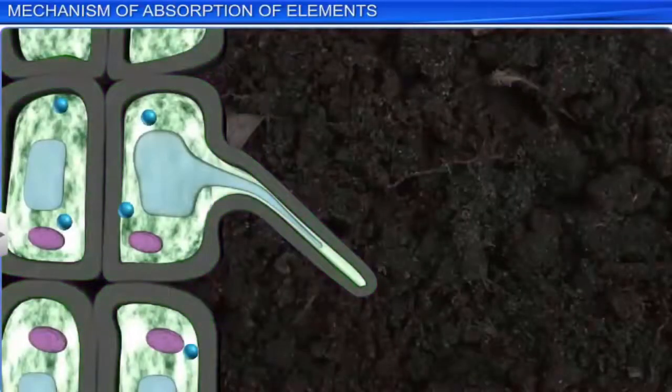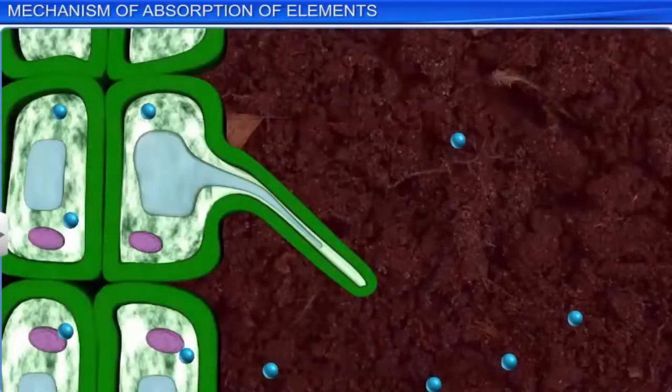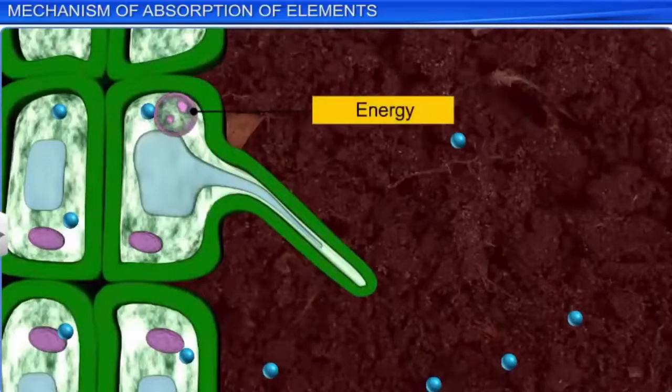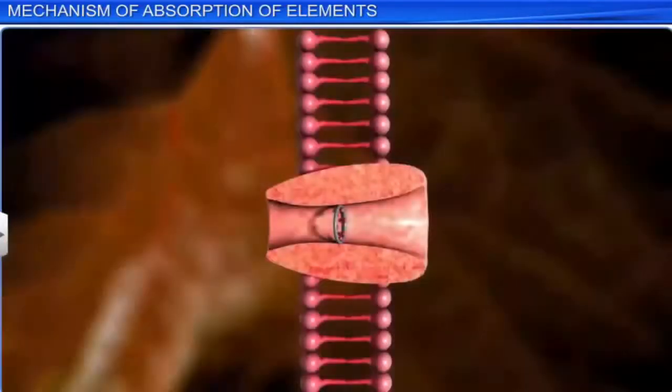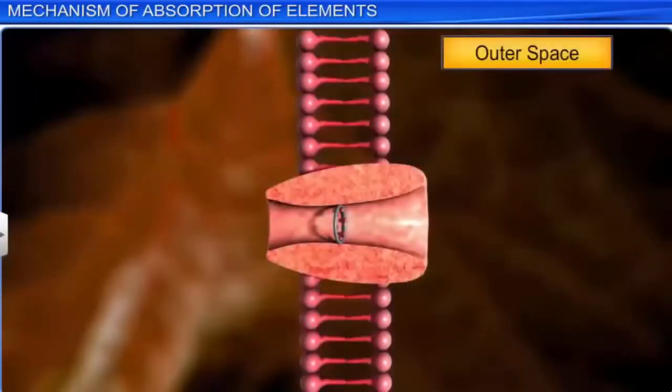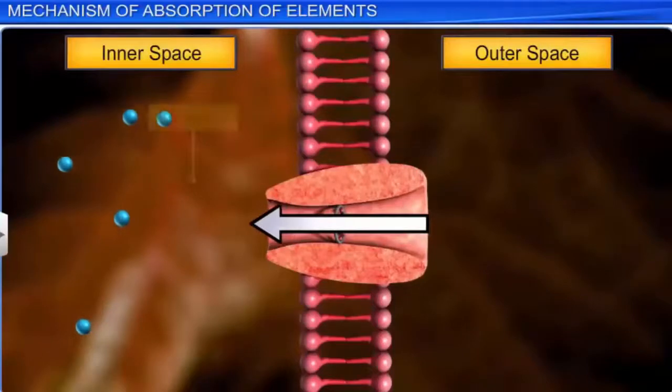The second phase involves the entry or exit of ions to and from the symplast. This requires the expenditure of metabolic energy, and hence it is an active process. The movement of ions from the outer space of the cell to the inner space is generally against the concentration gradient and hence requires energy.